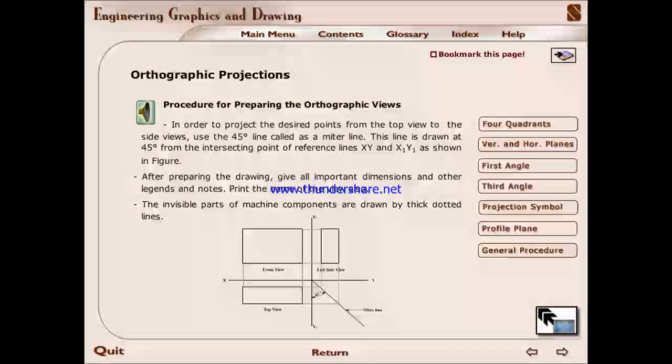This line is drawn at 45 degrees from the intersecting point of the reference lines X, Y and X1, Y1 as shown in the figure. After preparing the drawing, give all important dimensions and other legends and notes. Print the name of the view also. The invisible parts of machine components are drawn by thick dotted lines.